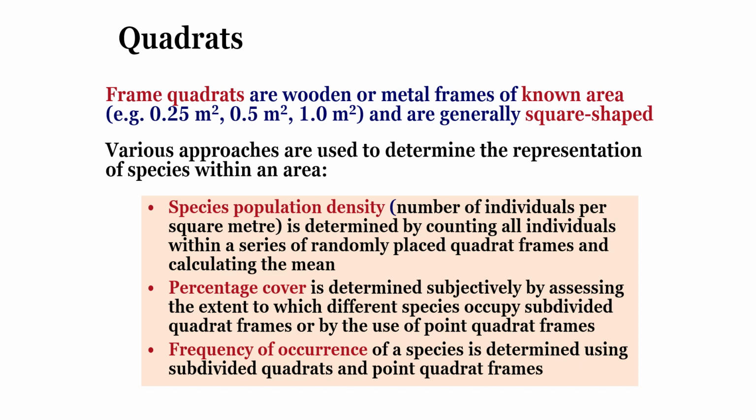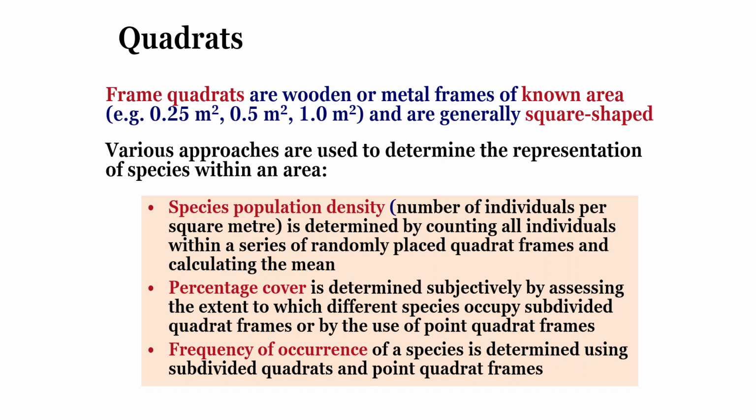Now, species population density is the number of individuals per square meter and is determined by counting all individuals within a series of randomly placed quadrats, and then we calculate the mean.